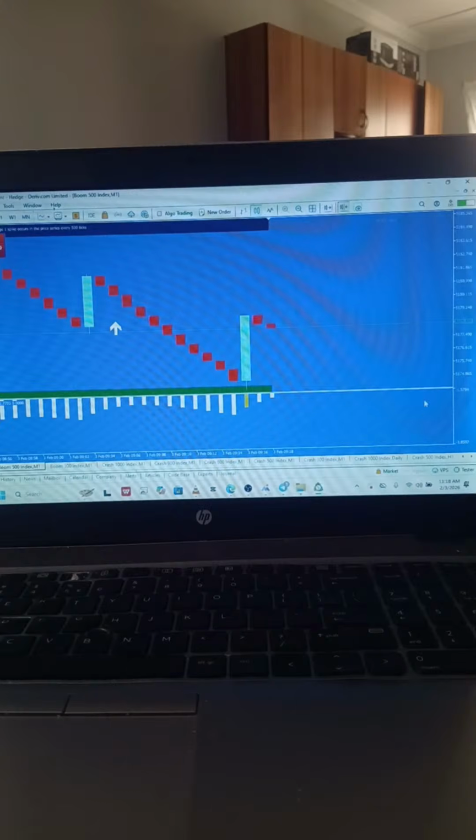So guys, we're looking at boom 500. Okay, let's wait for a signal in boom 500 here. I think there's a likelihood that a spike is going to happen. We have these white bars here indicating that there's a bullish trend. So if you get a spike signal here, price will then move upwards.